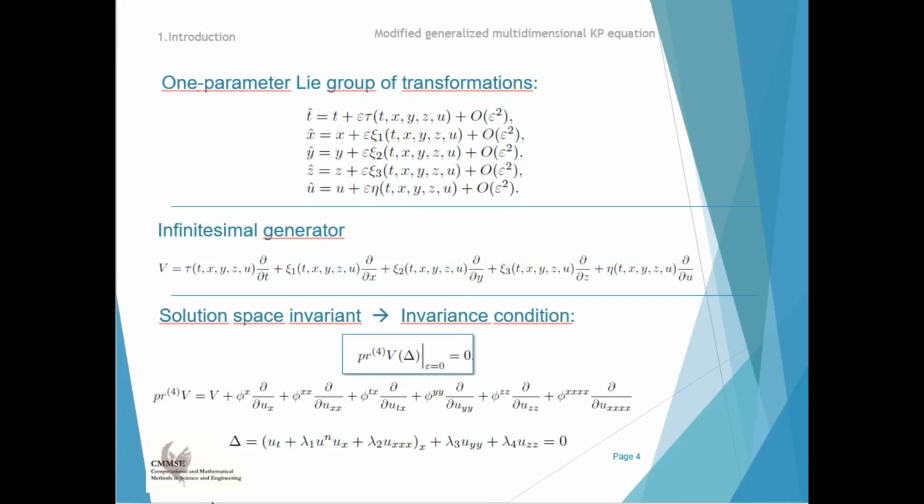The infinitesimal generator associated with the group of transformations can be written as V. The solution space of the KP equation is invariant under the Lie group of transformations provided the invariance condition holds, where this is the fourth prolongation of the vector field and delta is the equation.